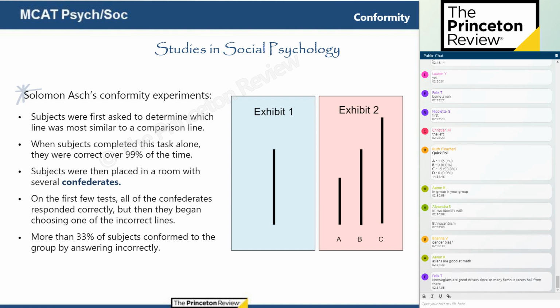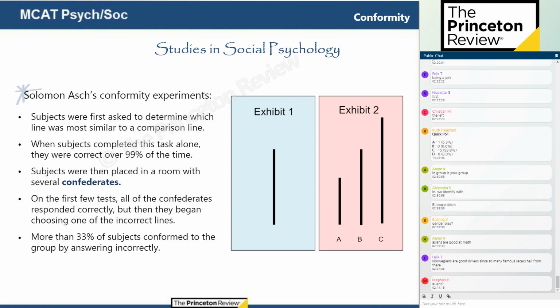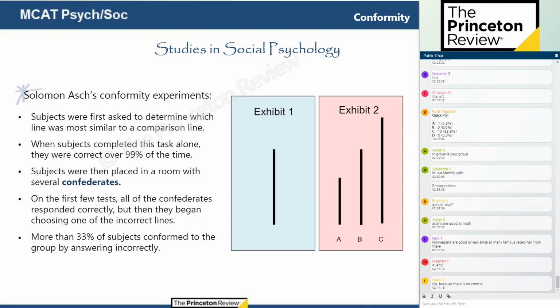So, is this a true experiment? Because what do you have to have for a true experiment? Okay, it's quantitative. Is there a control?